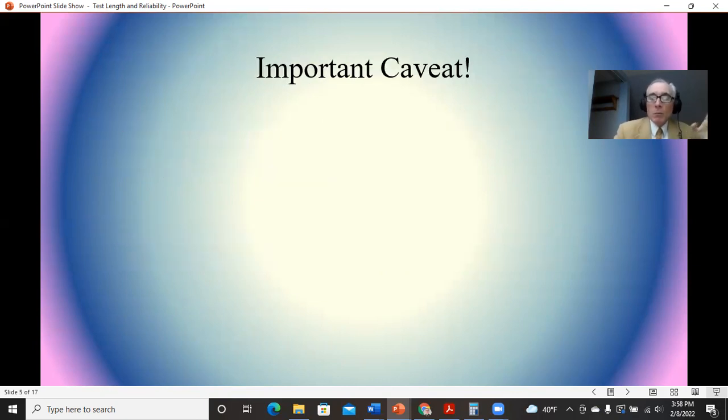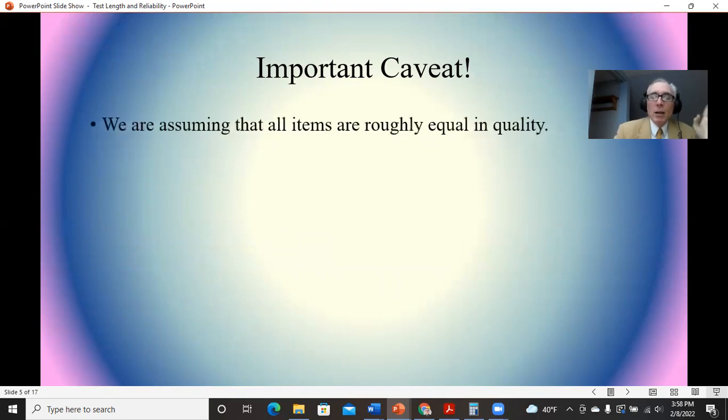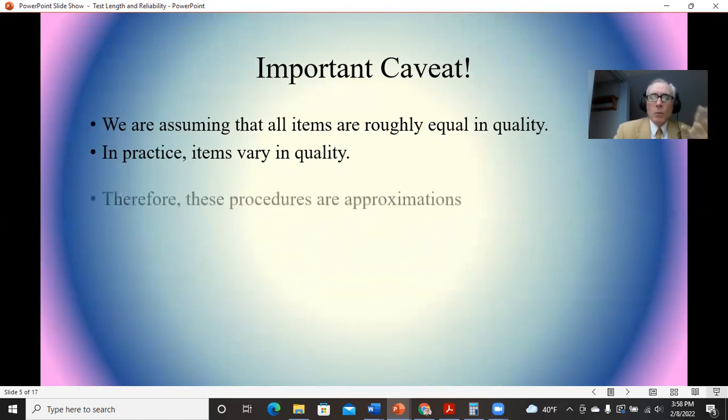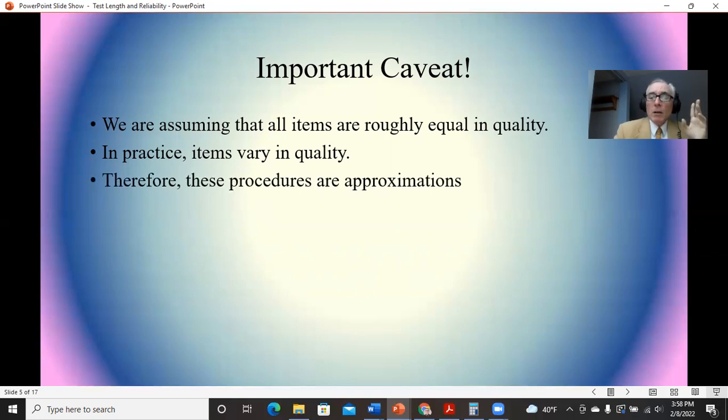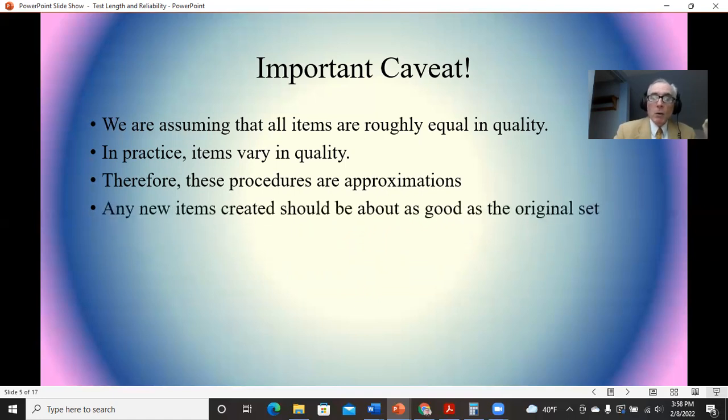But very important, I'll probably circle back to this later on, we are assuming here that all the items are roughly equivalent in quality. Now, in practice, that's never 100% true. But for our present purposes, what's important is to understand that the procedures we're following are yielding approximations of what's going to happen. Also, if I'm writing new items to make the test longer, the new items can't be garbage.